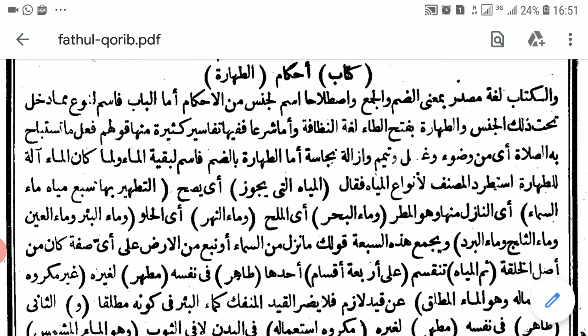Wa huwa al-ma'ul mutlaqu. It is called ma'un mutlaq. What is ma'un mutlaq? An qayyidin lazimin. Ma'un mutlaq means it is free from any bonding identity.